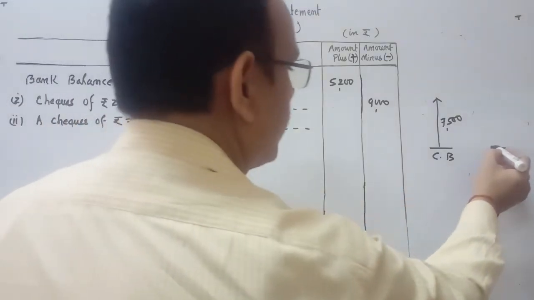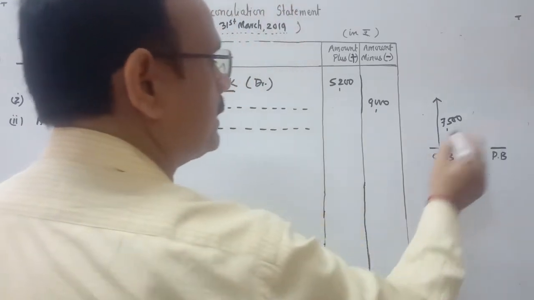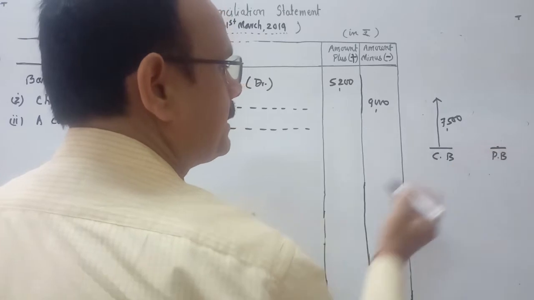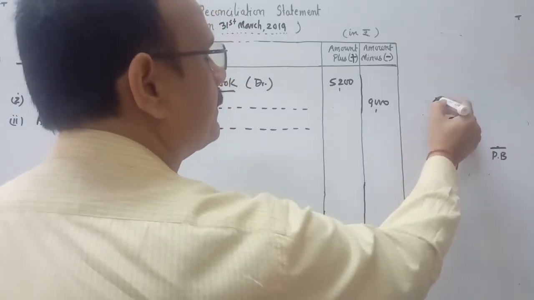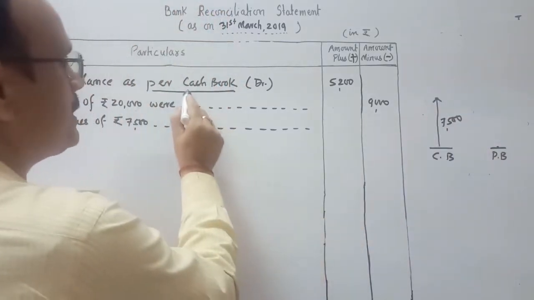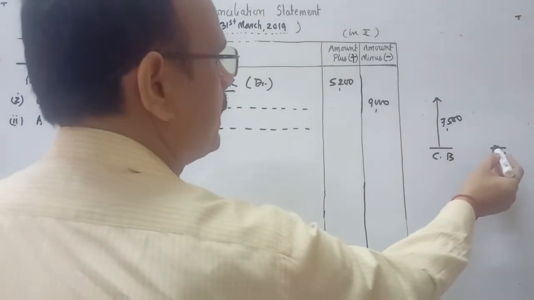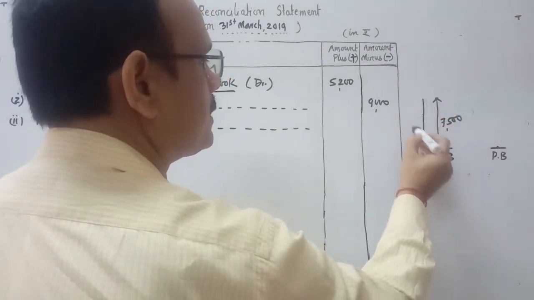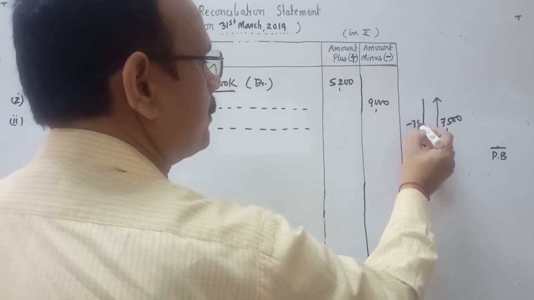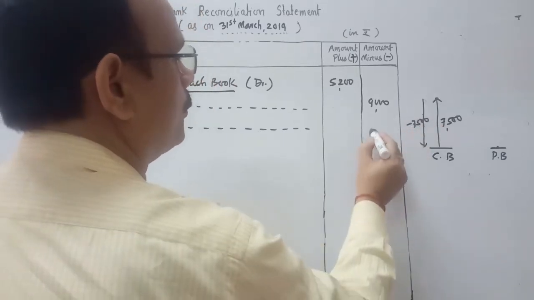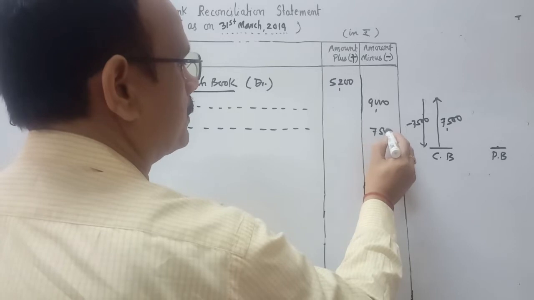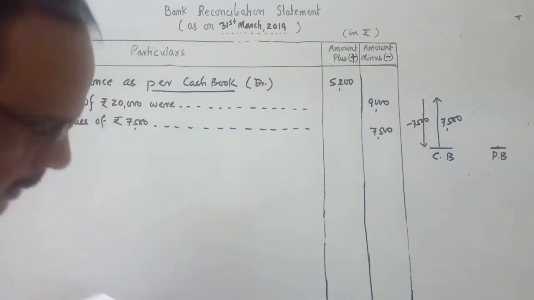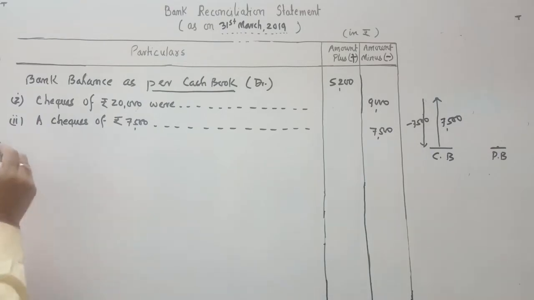So this entry is not recorded in the passbook. The passbook balance is here and the cash book balance is here. Using the cash book side, we have to make the balance equal. So we will deduct 7,500. We will write 7,500 in the minus column. Okay, next is the third number.